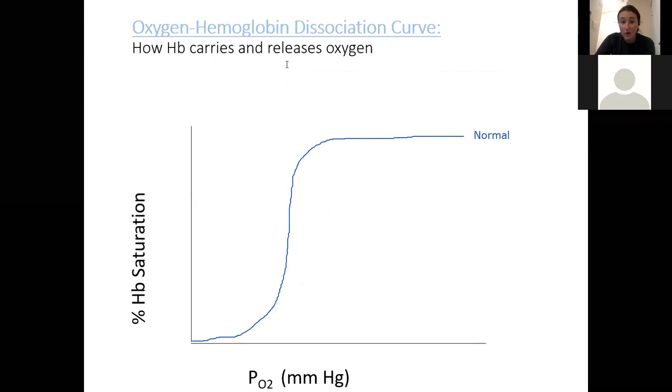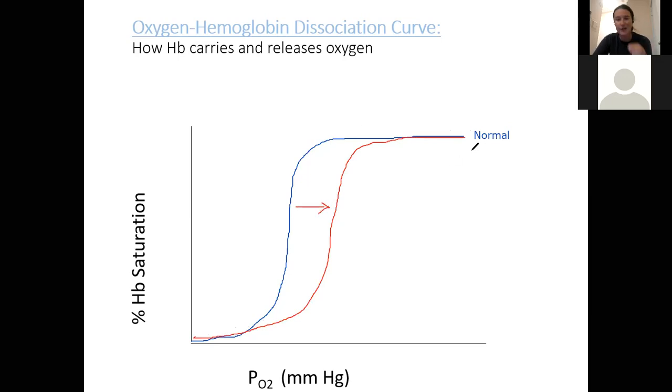Now what happens when we start to exercise? When we exercise, the curve is going to shift to the right. So this entire curve is supposed to be the same general shape, but the entire curve shifts to the right.